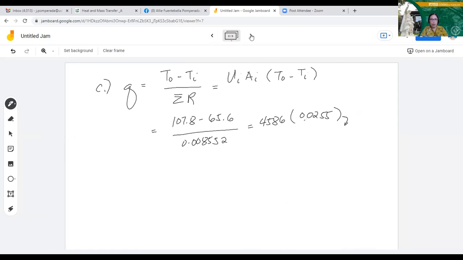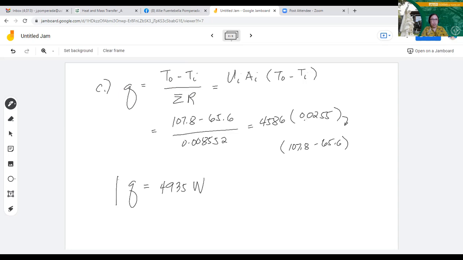So you will have here T sub o, which is 107.8 minus the 65.6. Whether you use this one or this one, you'll be getting the same rate of heat transfer. So the rate of heat transfer will be more or less 4,935 watts.